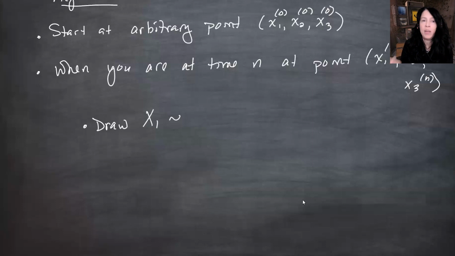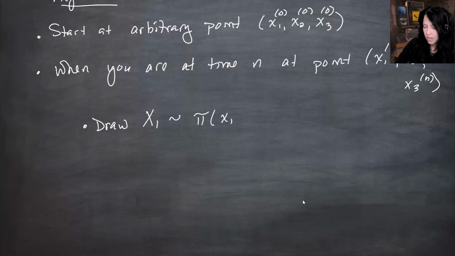So I'm not going to put a name of a distribution, but the conditional PDF for x1 given, let me back up. We're at time n, so I want to draw x1 at time n plus 1 from the conditional PDF for x1 given x2 at time n and x3 at time n.